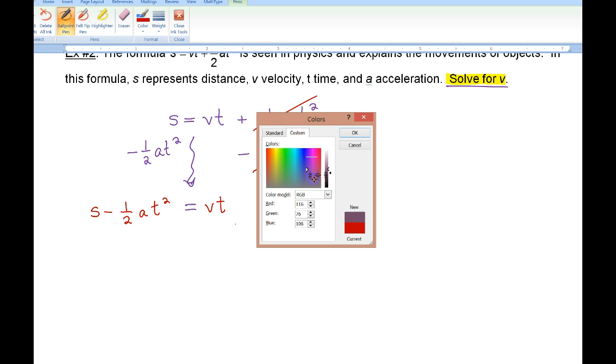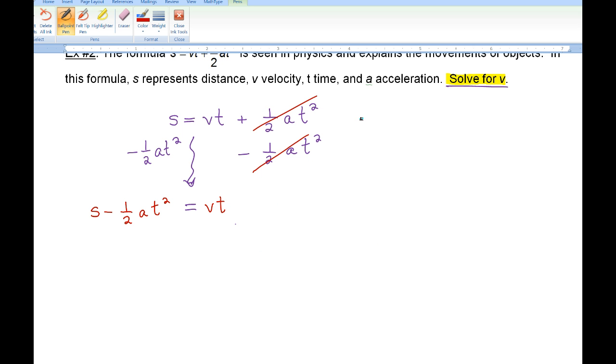What do we do now? We're isolating what? V. So that means I need to divide by what? T. Good. So I have S minus 1/2 AT squared all over T.